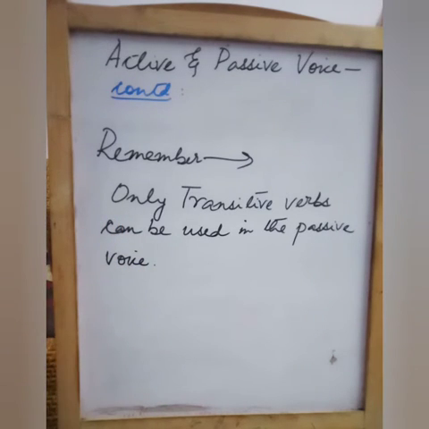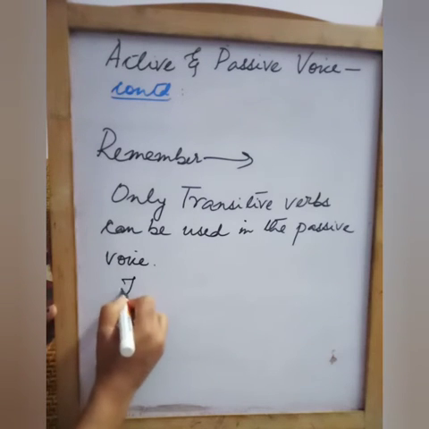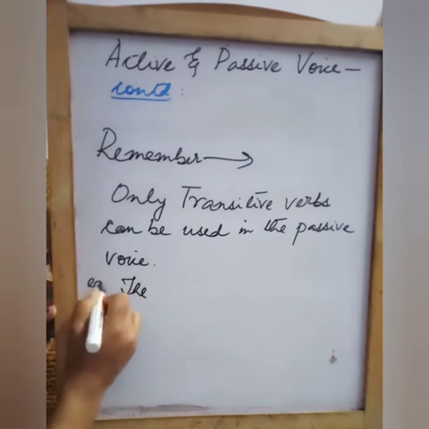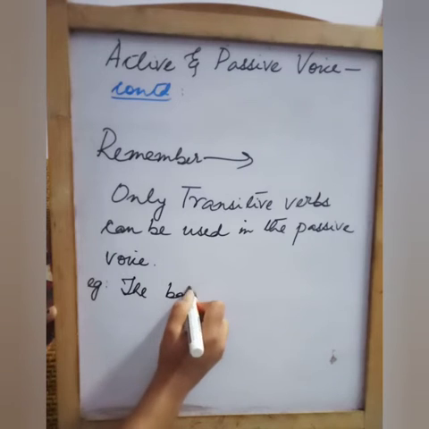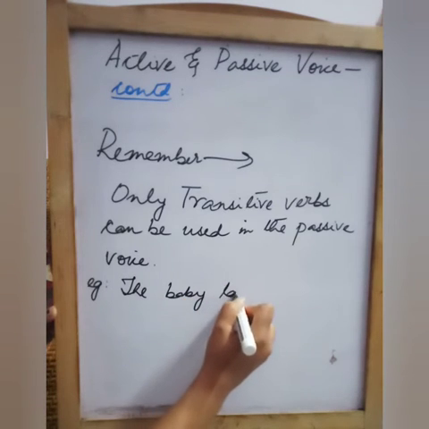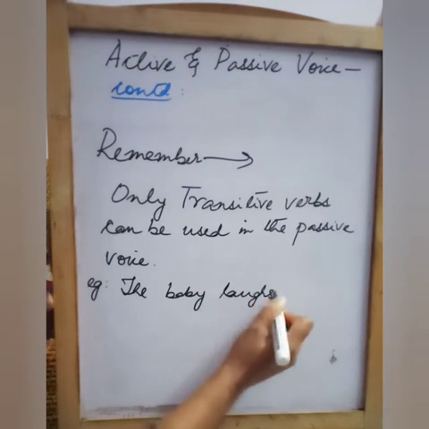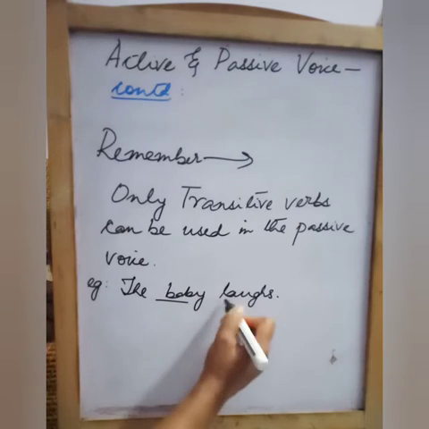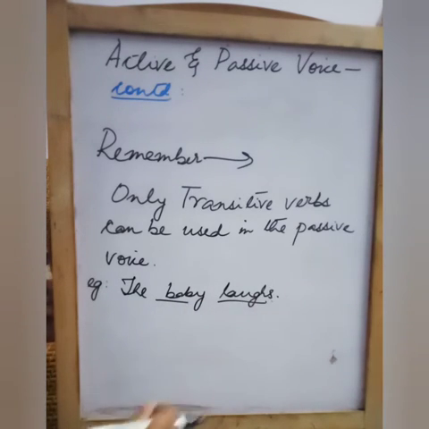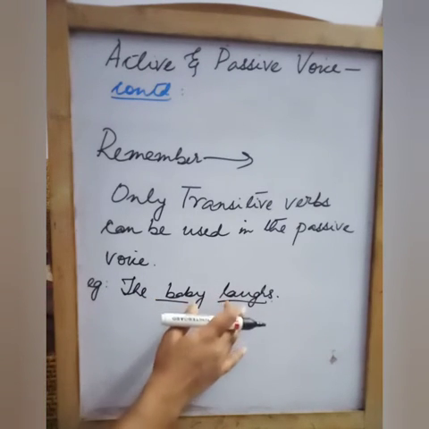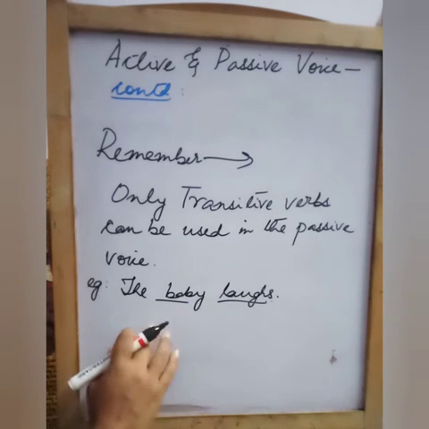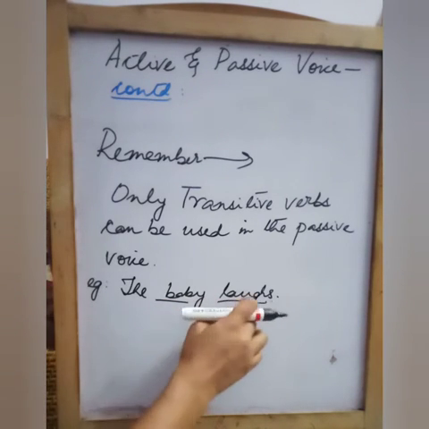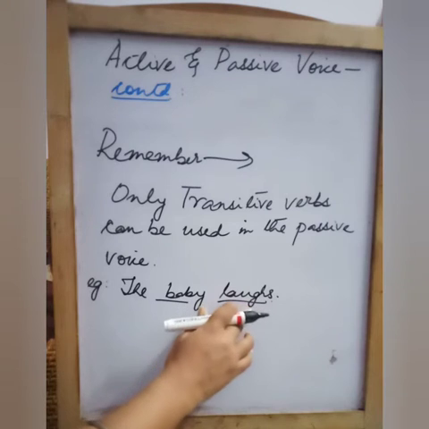Suppose I write, this is an example, all right? Suppose I write, the baby laughs. Simply I am talking about the action of the baby. Subject, action. There is no object here. So this is the active voice, isn't it? The baby laughs. Subject is there and the verb is there.